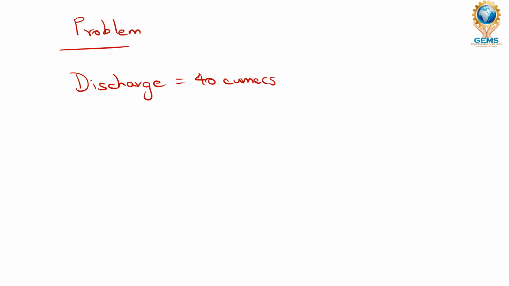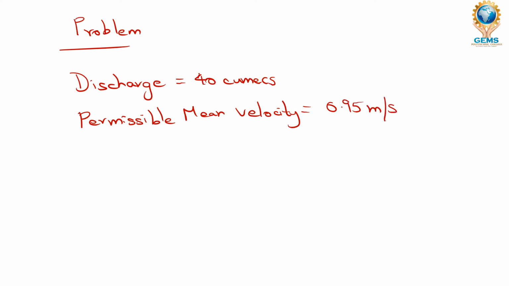Then our permissible mean velocity is 0.95 meter per second. Okay, then our side slope is 1 is to 1.